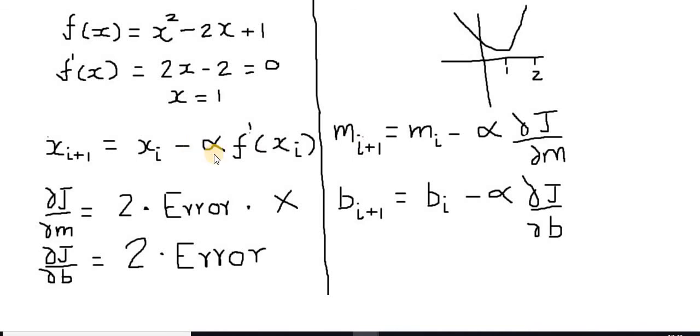So this equation we have rewritten for weight m, and dou j by dou m you can substitute as 2 into error into x. And this equation again rewritten for bias, b of i plus 1 is equal to b i minus alpha into dou j by dou b. Dou j by dou b you can substitute as 2 into error.